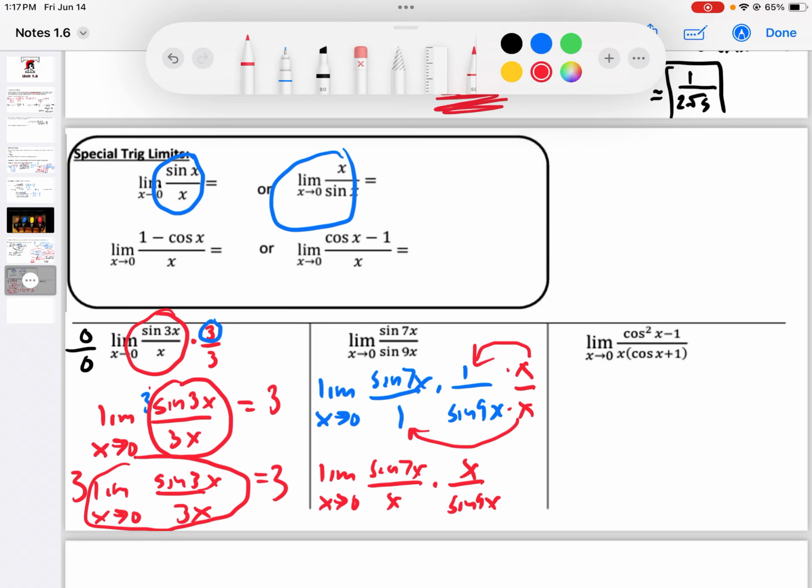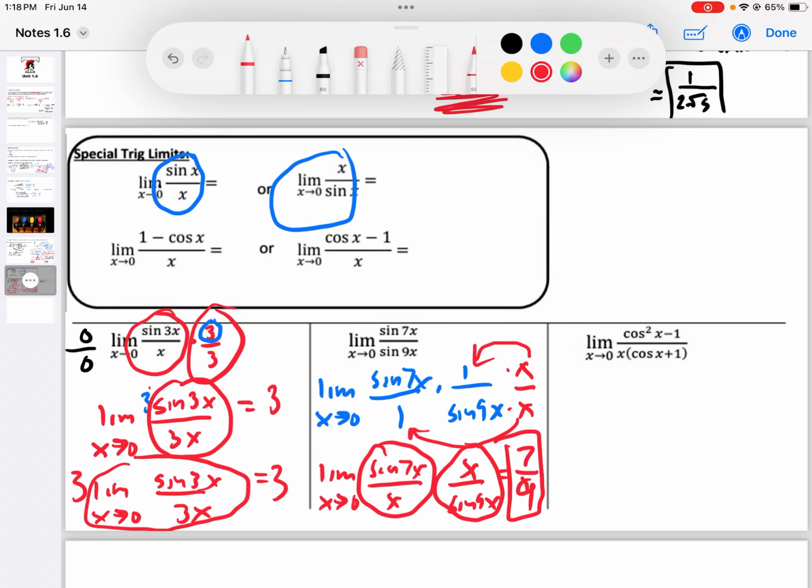And now I know that this would just be equal to 7 over 9. This is 7, right? And this would be 1/9 because it's on the bottom. I could do this extra work that I did out in front, but I don't want to. So it's just 7/9.